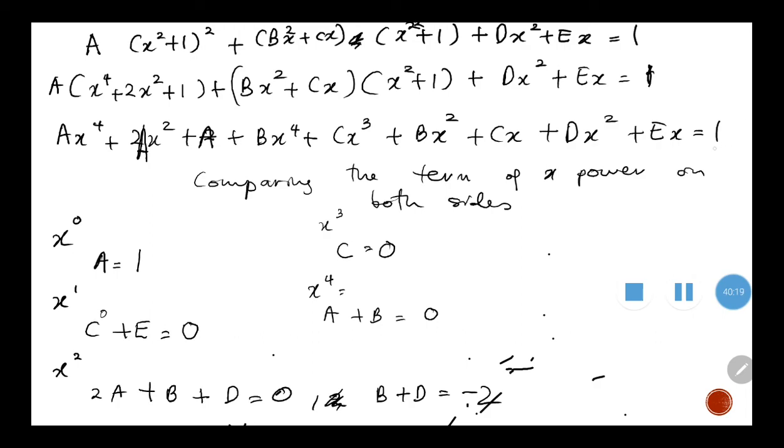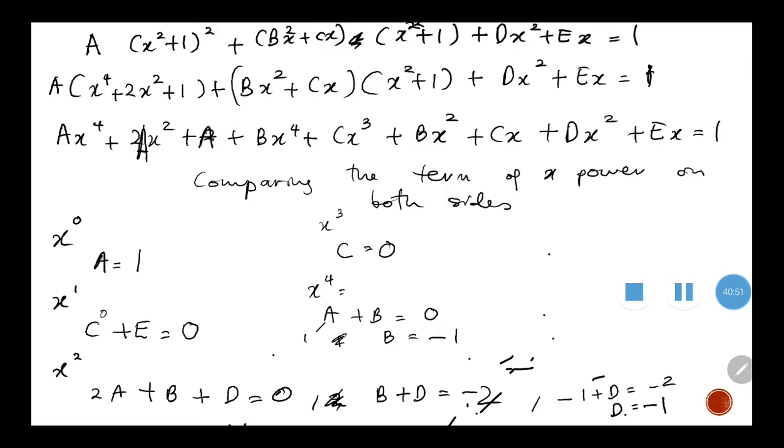On the right hand side. So a is 1. Do we know b? Yes, we know now, right? So when a is 1, b is minus 1. So when we know b, can we know d? Yes, we can. When b is minus 1 plus d equal to minus 2, so d is minus 1.